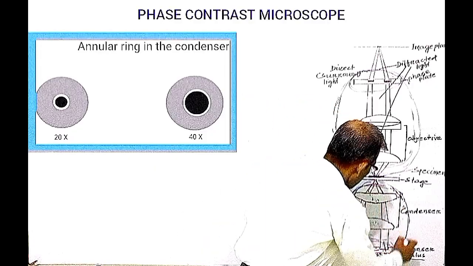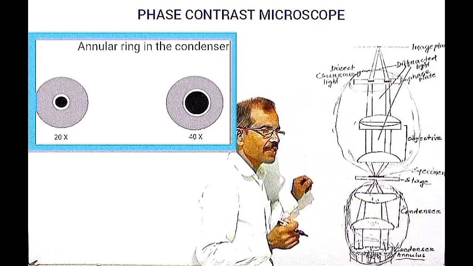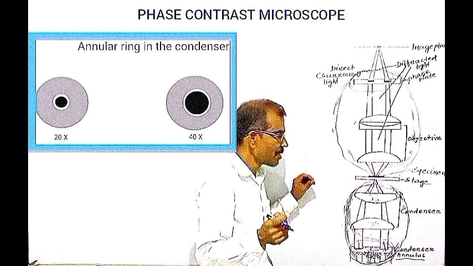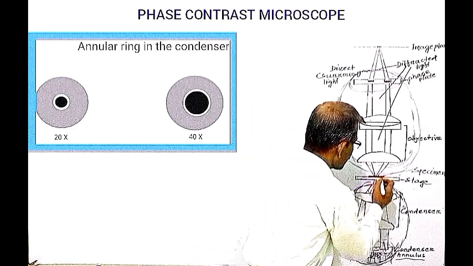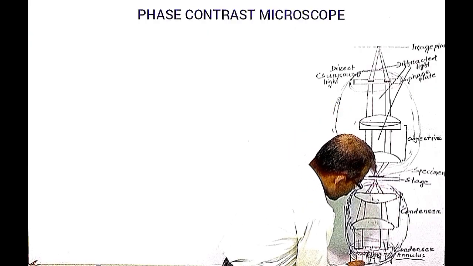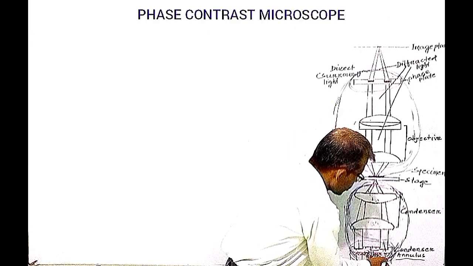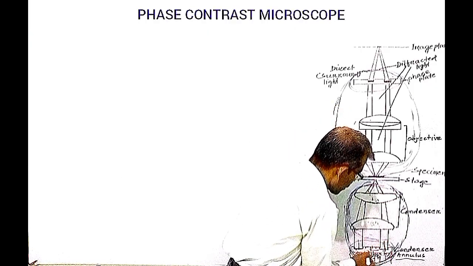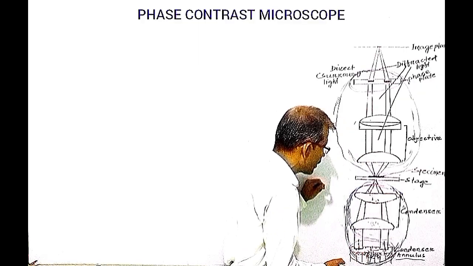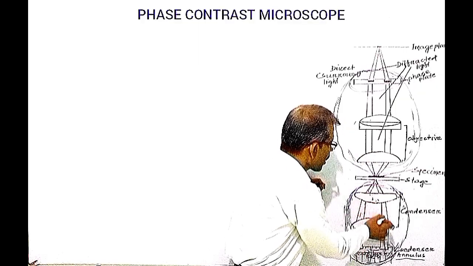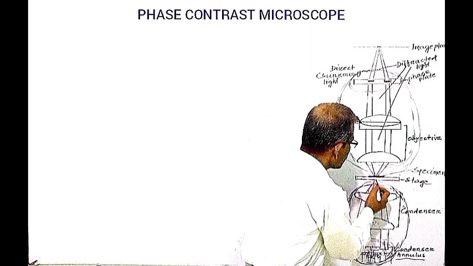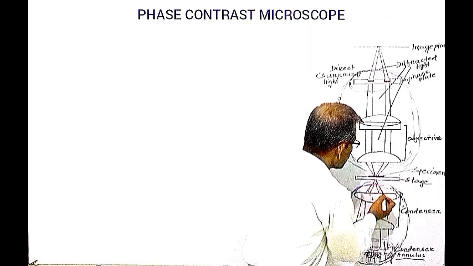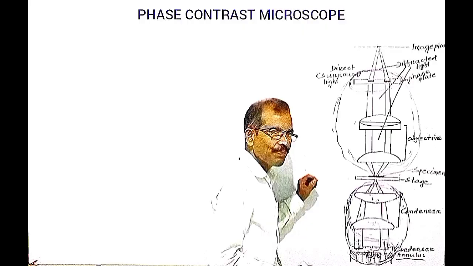The function of the annular phase condenser is to transmit a hollow cone of light which strikes the specimen. Transmitted light from the source passes only through the transparent ring and then through the condenser lens and is focused on the specimen as a hollow cone of light.